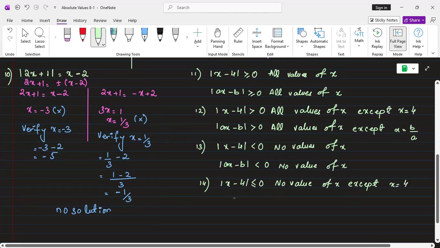No value of x except x is equal to 4. ठीक है जी? So that is your answer.